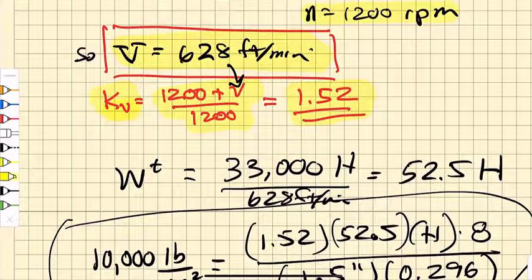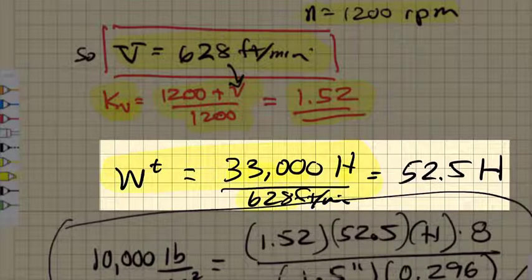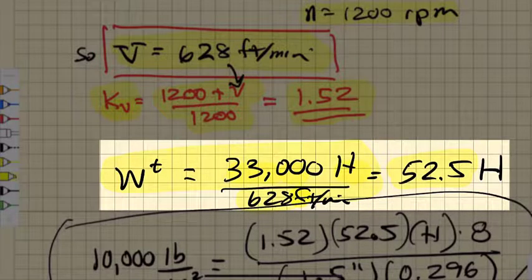Now what we're going to do is use our power tangential force relationship, this 33,000 H over V, where H is in horsepower, and multiply out this 33,000 divided by 628. So we have that the tangential load is 52.5 times the horsepower.